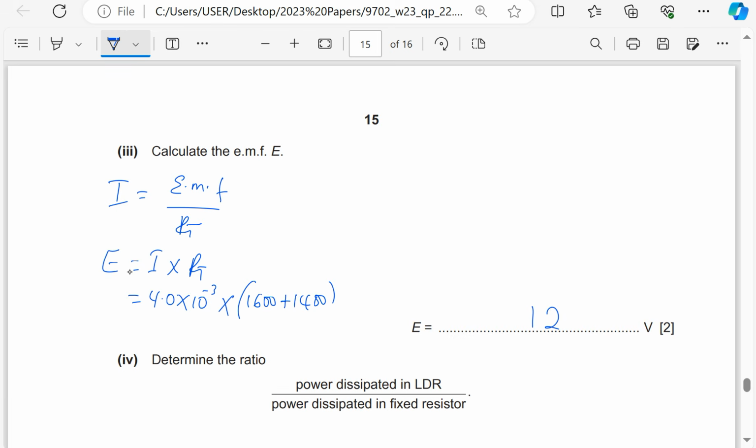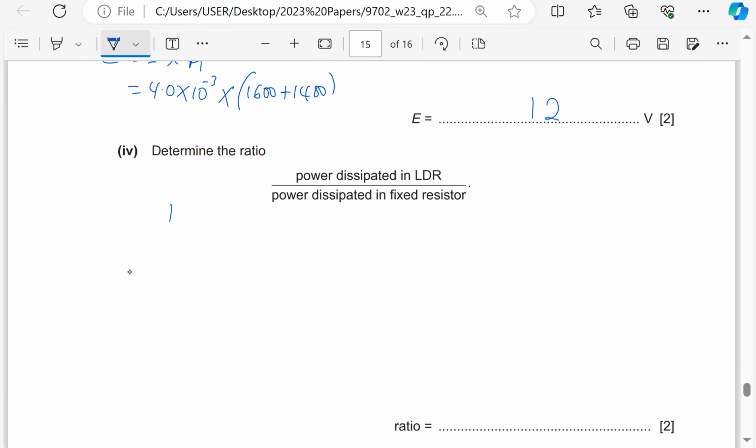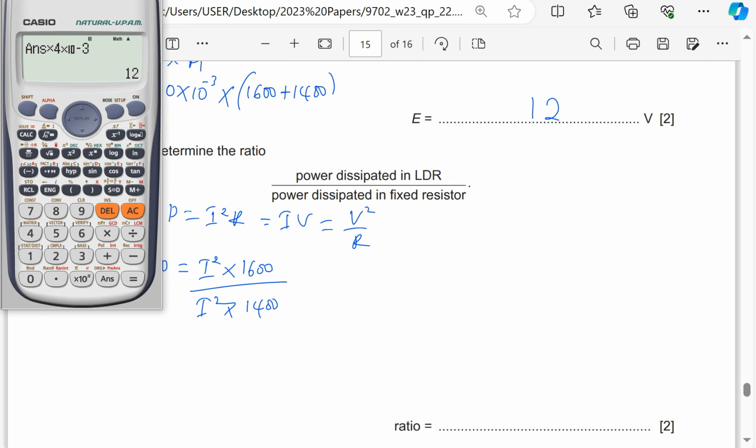We have already seen that power is equal to I squared times R, or I times V, or V squared over R. Let me use the simplest, which is I squared R. So the ratio is going to be I squared times the resistance of the LDR, 1600, over I squared times the resistance of the fixed resistor, 1400. The current is the same, so I'll leave the I squared and just divide 1600 by 1400, which is 1.14.